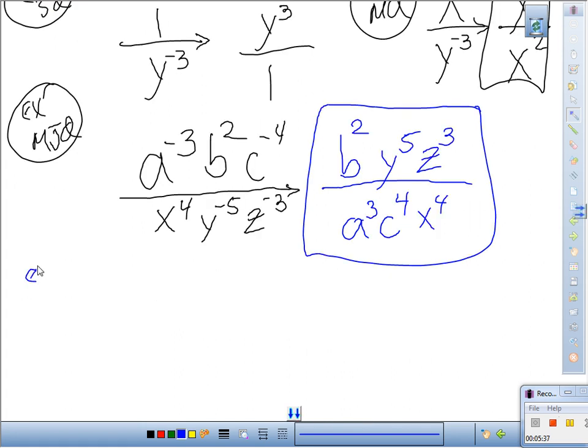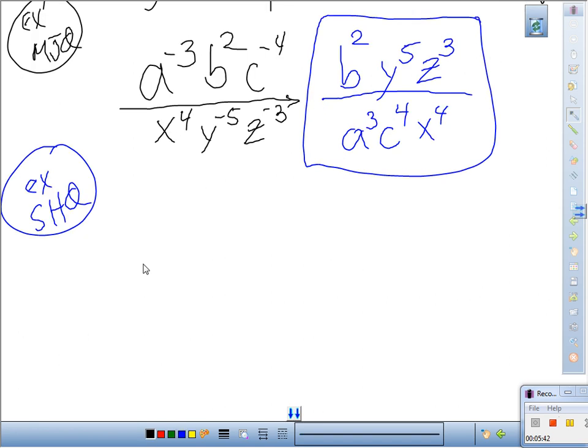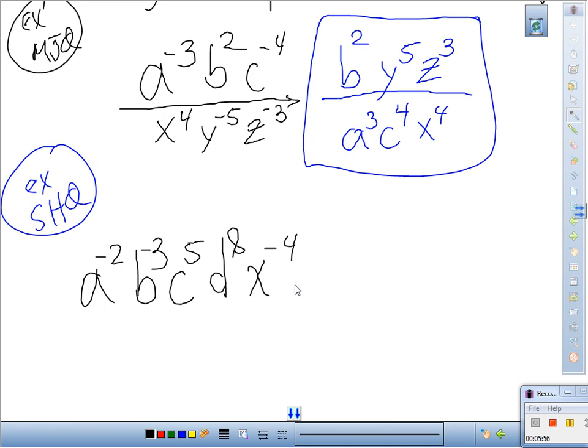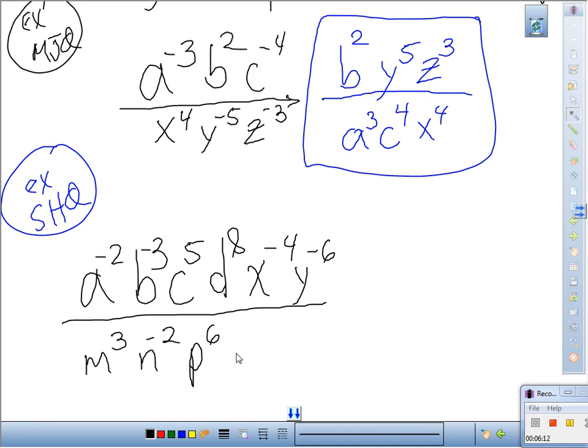Okay, do this next one. Copy it on your paper. Example Shazam Q. Let's see how you do with this one. Let's do A to the negative 2, B to the negative 3, C to the 5th, D to the 8th, X to the negative 4, Y to the negative 6 over, let's do M cubed, N to the negative 2nd, P to the 6th, Q to the negative 5.